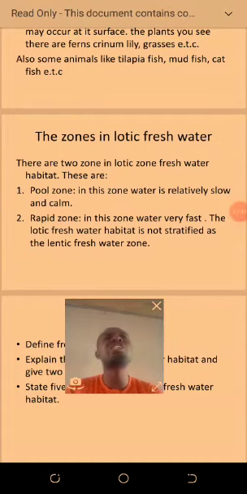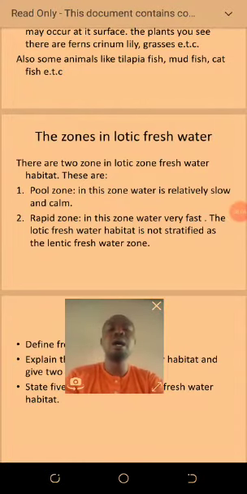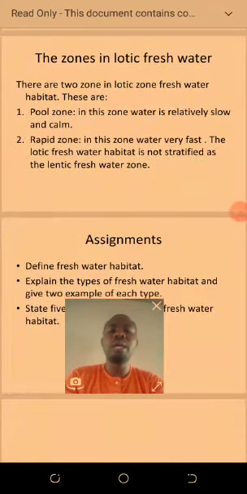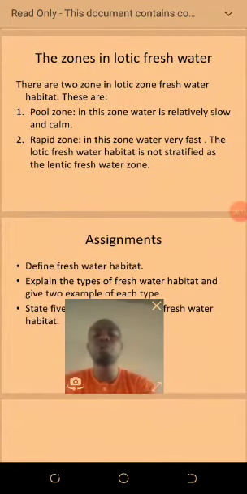The second is the rapid zone, where the water is very fast. The lotic freshwater habitat is not stratified like the lentic freshwater zones, so organisms are not distributed there like that of lentic.